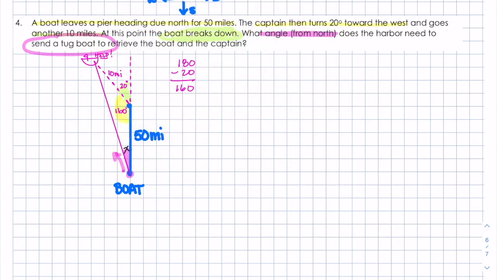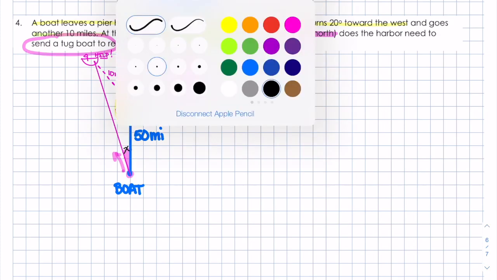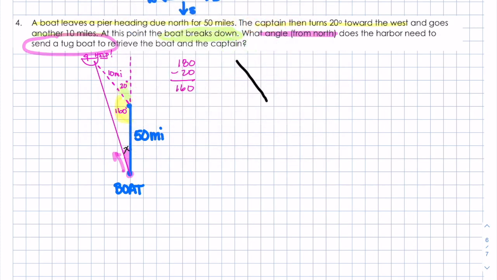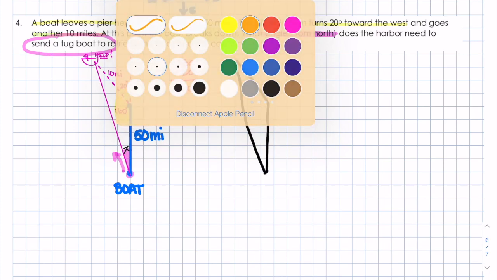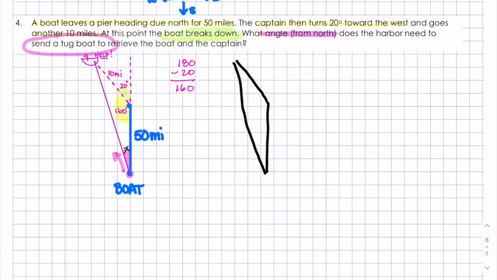Okay, so let me blow up our picture really quick. So it looks like we have something like that, something like that, something like that. And then inside of the triangle we have 160, we have 10, we have 50, and we want to know this, right? Okay, so in our head we're thinking law of sine, law of cosine.